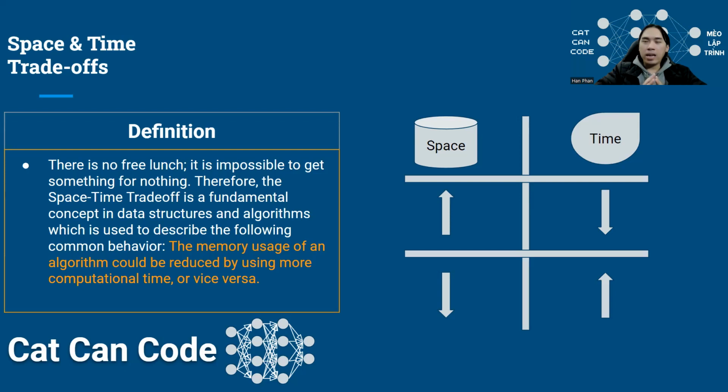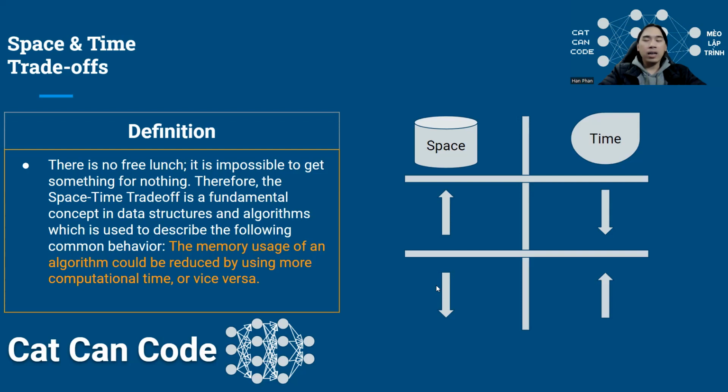If you look at the figure that I have drawn here, the idea will be more clearly illustrated. The space complexity and the time complexity. If we have more space to store intermediate result or calculation, it's very likely that we can leverage that and reduce the computational time.